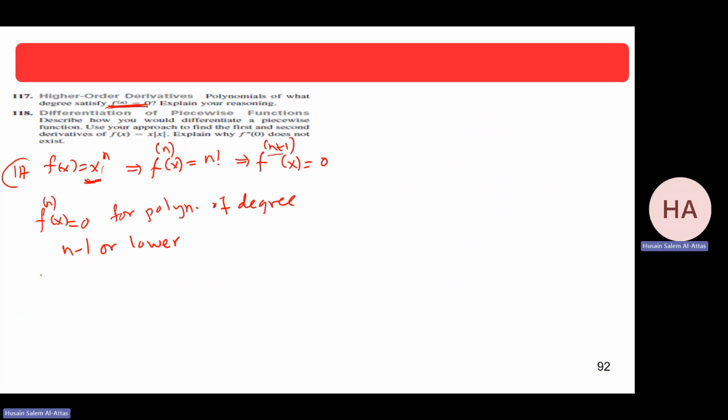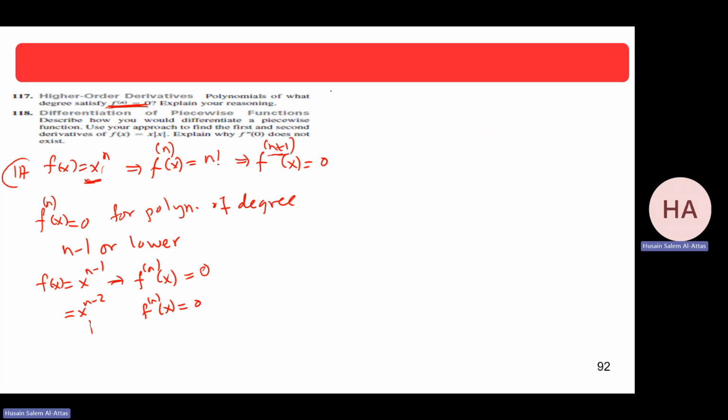Since if I have f of x equal x to the power n minus 1, what will be the n-th derivative? Look, it's more by 1, so that will be 0. If it is x to the power n minus 2 or less, for sure it will also be 0.